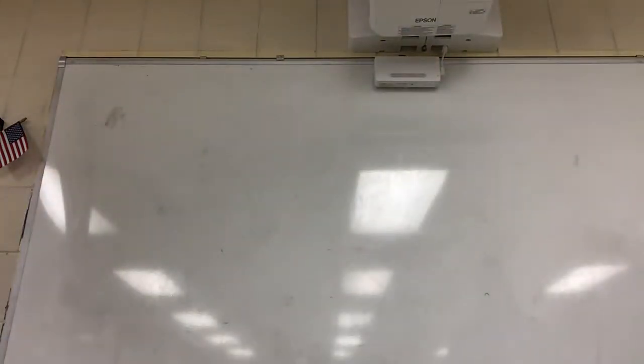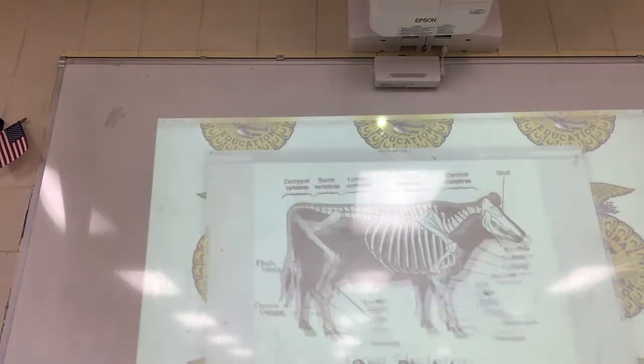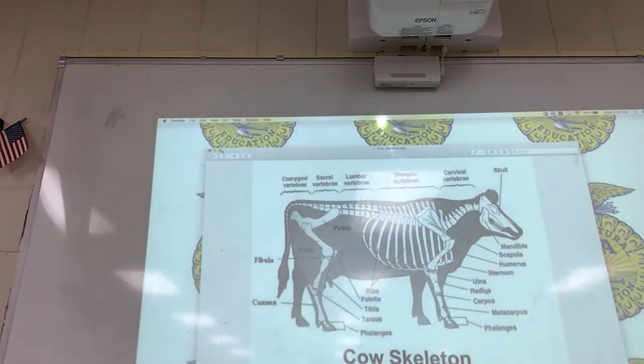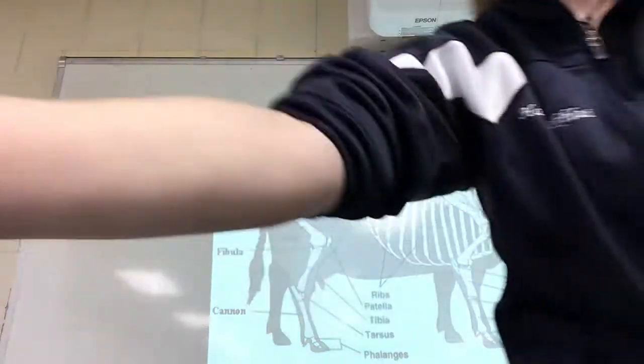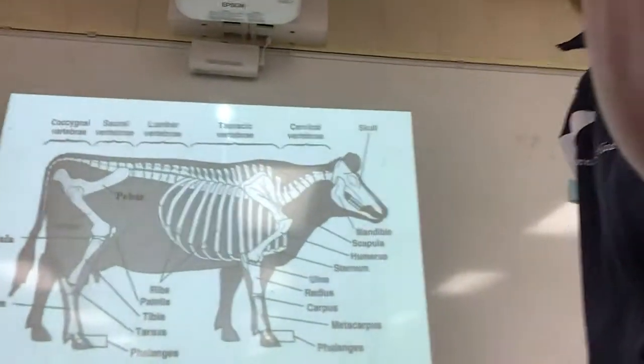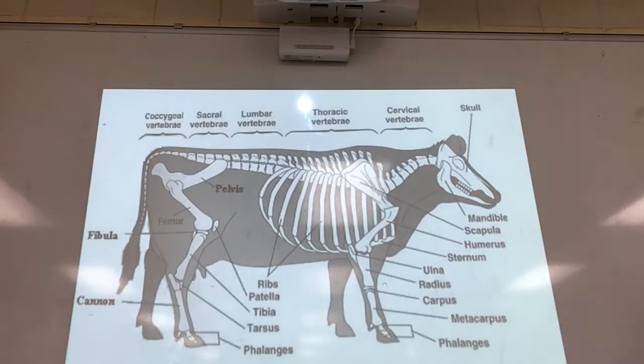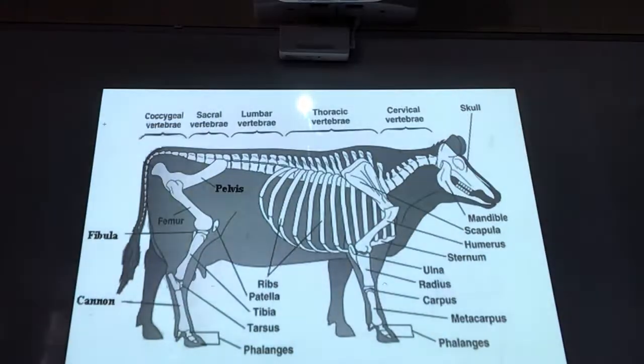And we are going to next label the parts of the skeletal system. So this diagram is actually on Schoology for you.